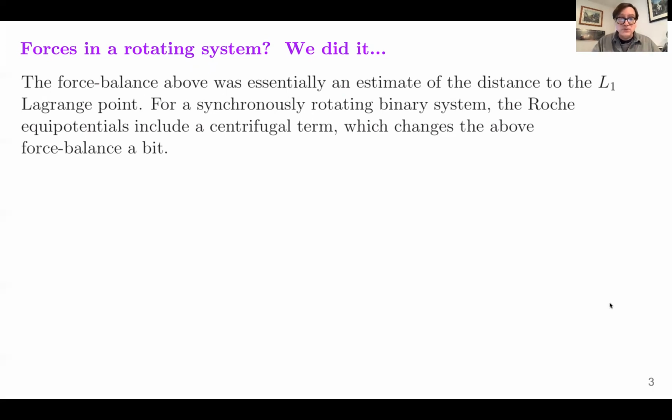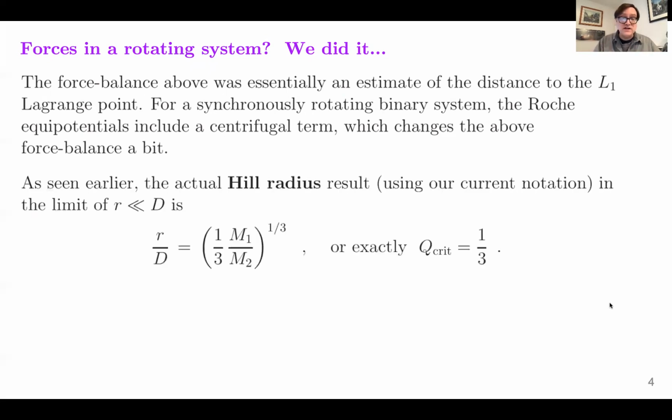And if you go through the derivation that we looked at for the Hill radius, from M2, the less massive body, to its first Lagrange point, we had this quantity of, I think it was q over 3 to the 1/3. Well, in the current notation, that's going to be m1 over m2 divided by 3.